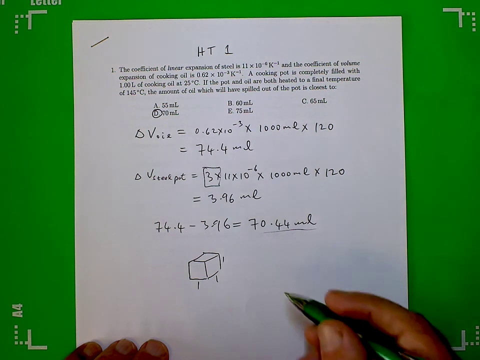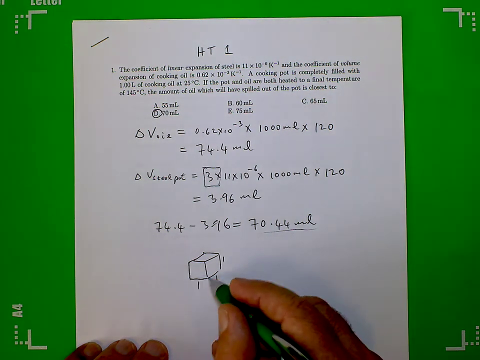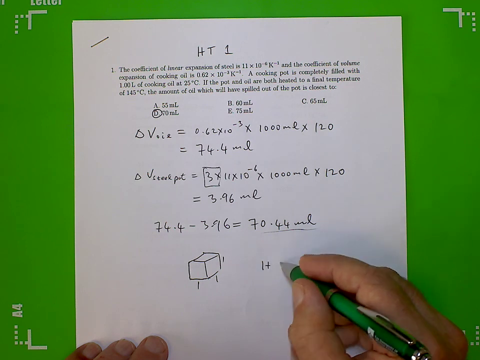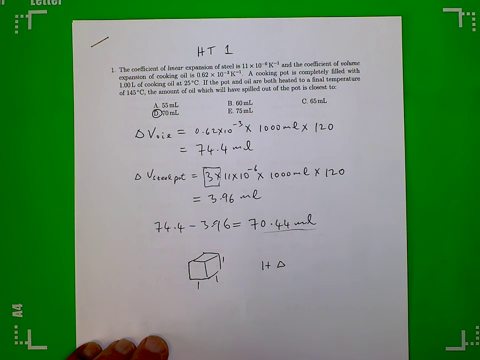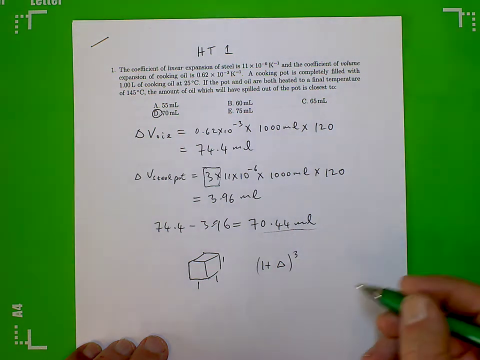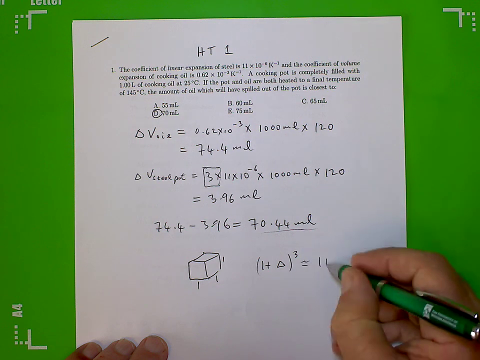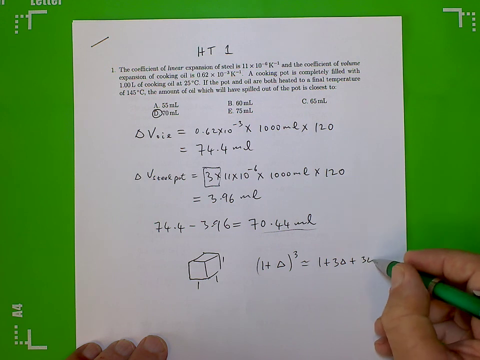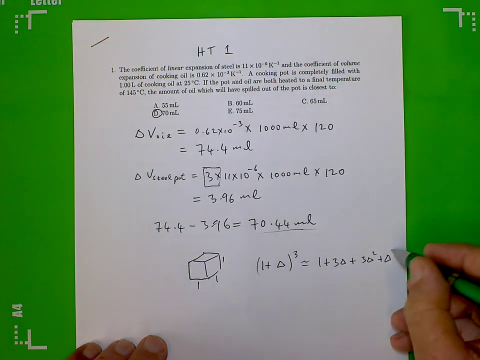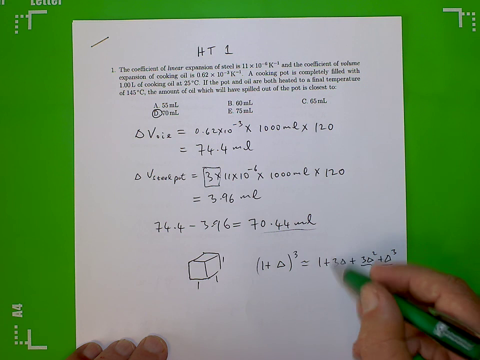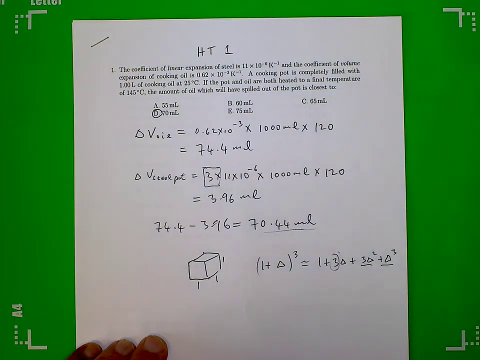Now the linear coefficient of expansion tells us that if we heat it by a little bit, 1 plus delta will be the new linear dimensions of it, but then the volume is going to be 1 plus delta cubed, which is equal to 1 plus 3 delta plus 3 delta squared plus delta cubed. Because delta's tiny, these last ones are infinitesimal, so we ignore them, but you can see now where the 3 comes from in our volume expansion.